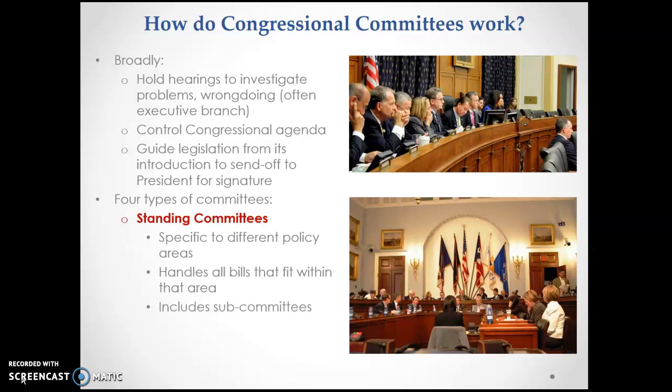Now, within standing committees, there also exist quite a few subcommittees that members of the standing committees will sit on. For example, the Committee on Transportation and Infrastructure is going to have a highways and transit subcommittee. They'll also probably have a railroad or rail system subcommittee or airports subcommittee, right?